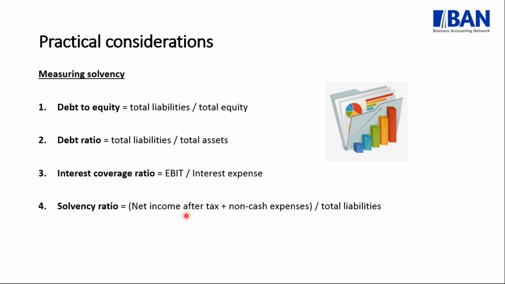If I add that back to get a more cash point of view of the business, and I then divide that by my total liabilities, how well am I covering my liabilities from a cash point of view? So it's just another measure to look at the solvency of your business. Now, depending on your industry, a result on your solvency ratio of higher than 20% is usually preferred.